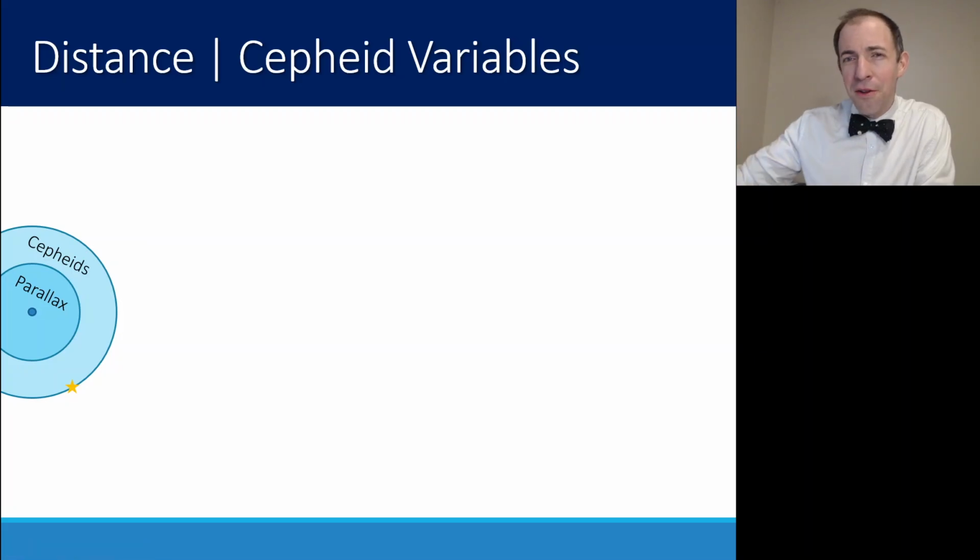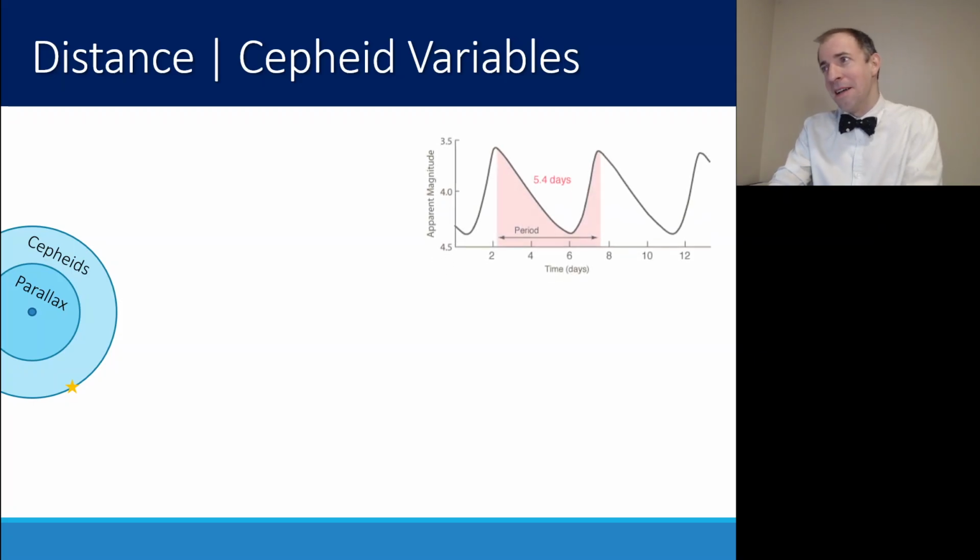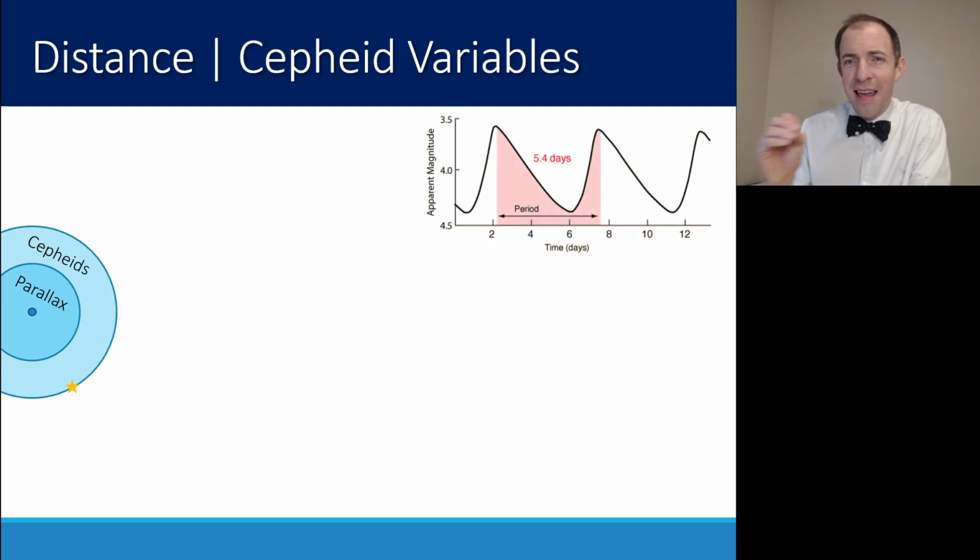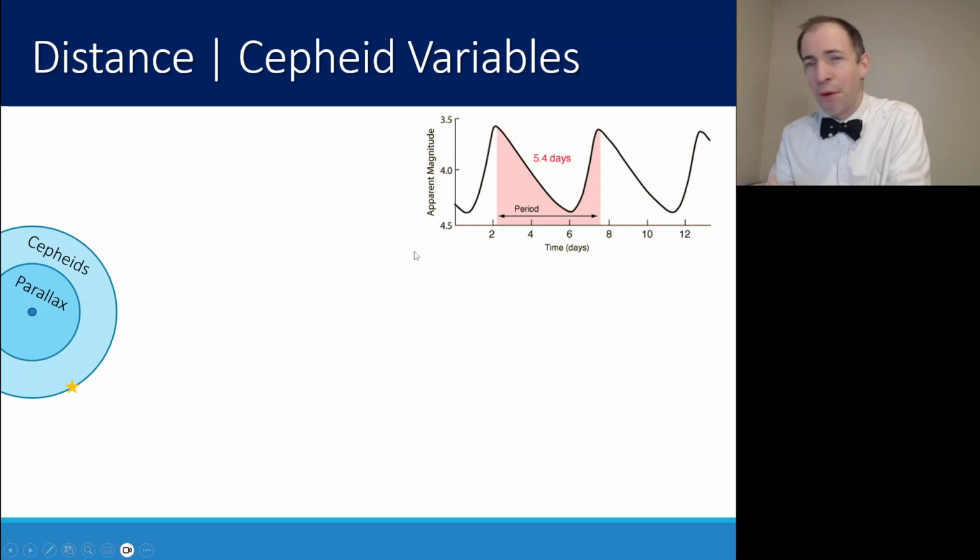Now, if we go a little bit farther out, we're not able to use parsecs anymore because this parallax angle is not going to help us figure out a difference. We're not going to see it jump back and forth enough. So we have to use something like Cepheid variables, these stars that get brighter and dimmer in these set periods, like 5.4 days.